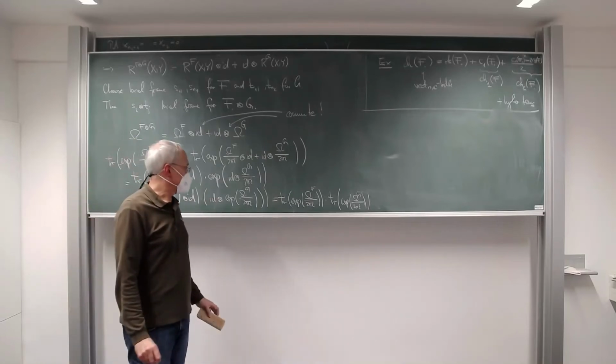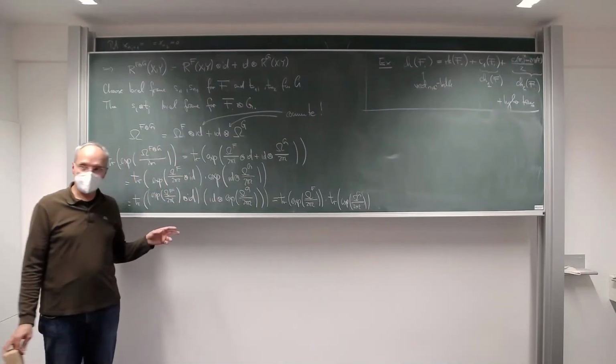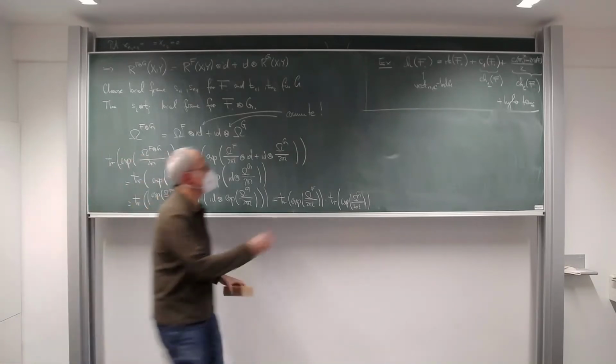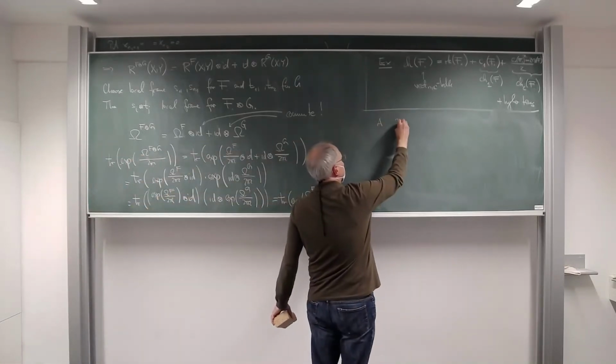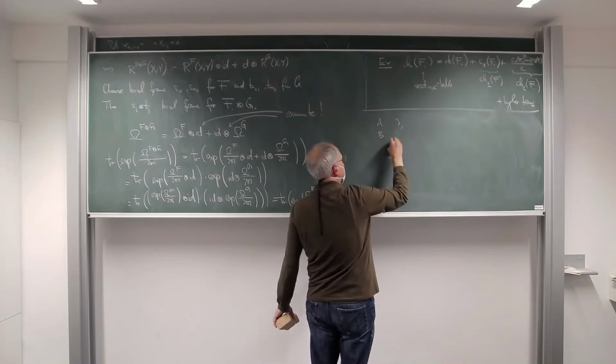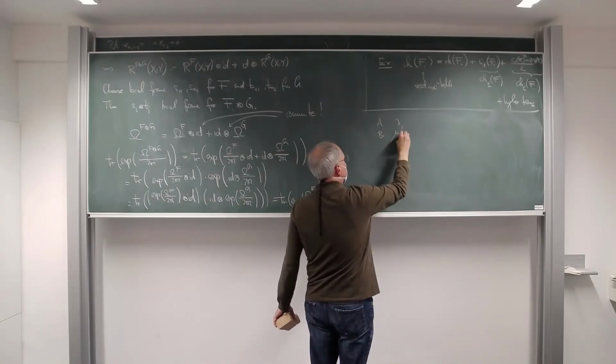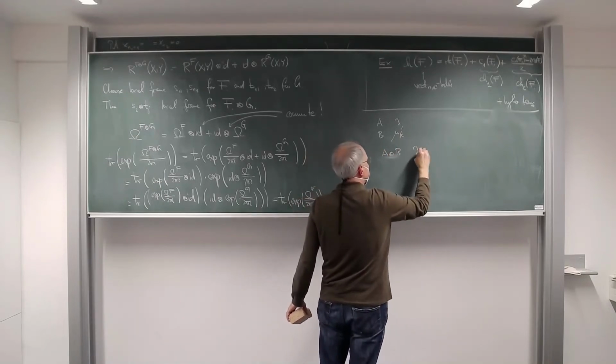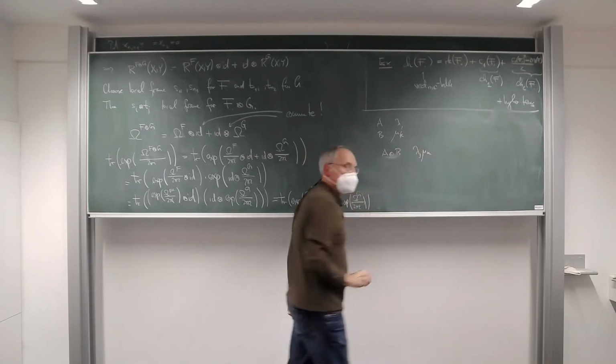And the reason is that if you have a tensor product, then the eigenvalues are as follows: A has eigenvalues lambda j, and the matrix B has eigenvalues mu k. Then A tensor B has eigenvalues lambda j times mu k.